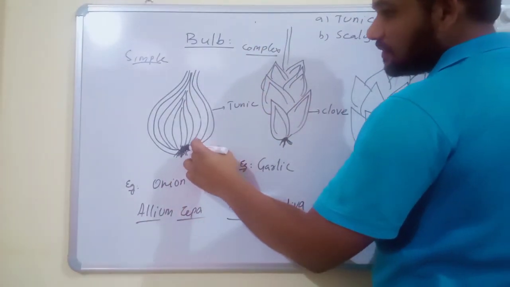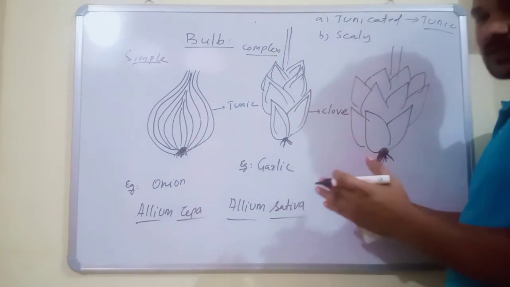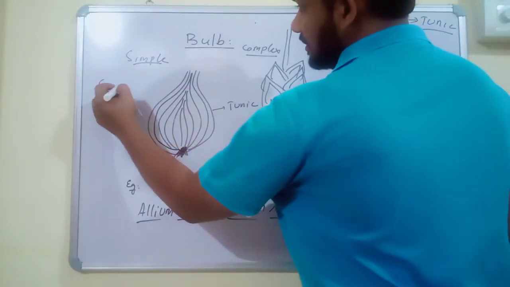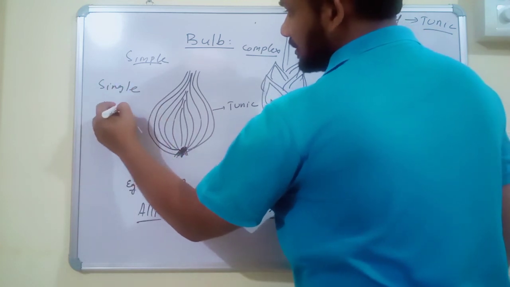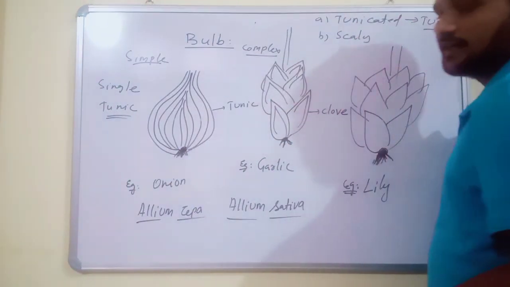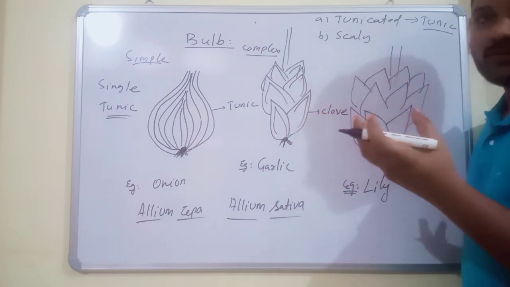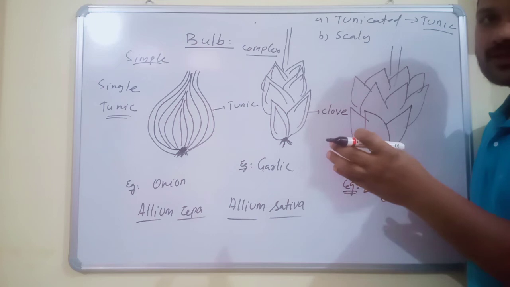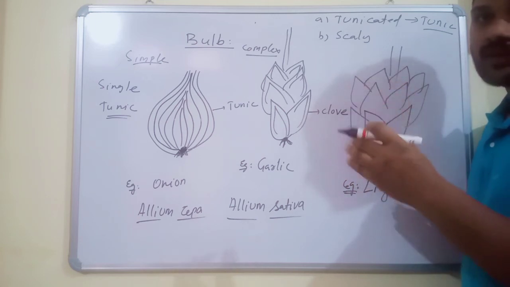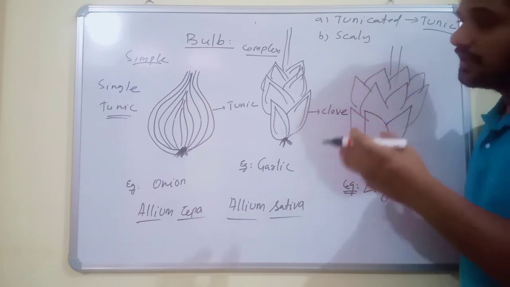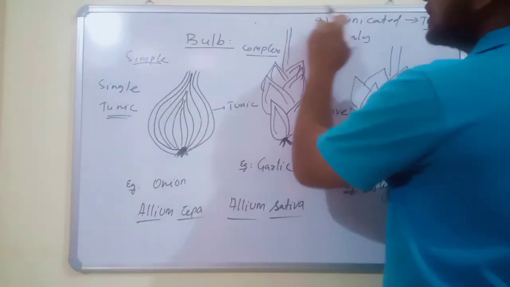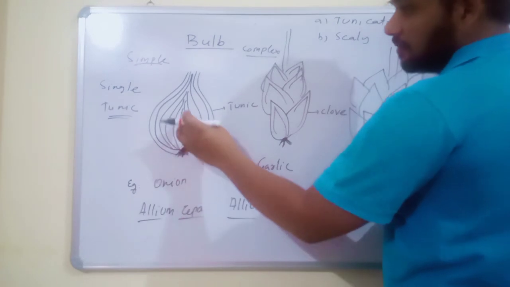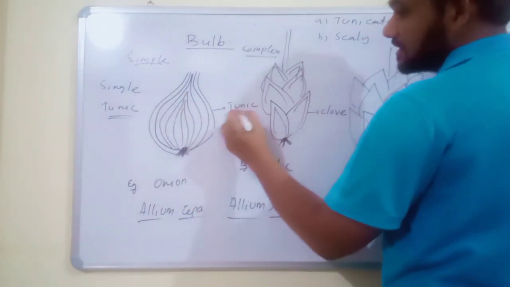In onion, all fleshy scale leaves are concentrically arranged, and all these fleshy scale leaves are protected by a single tunic. If you observe onion, there is a maroon colored dry membrane, that is nothing but the tunic, and there is a single tunic. Below that, many scaly leaves are present, and all these scaly leaves store the food material and become fleshy. It is simple tunicated because all fleshy scale leaves are surrounded by a single tunic.